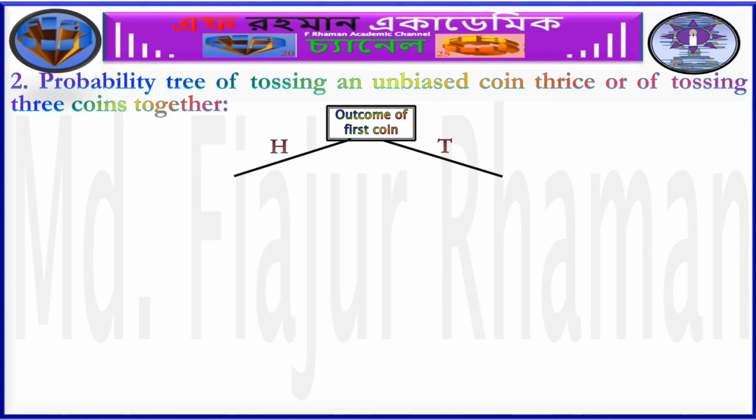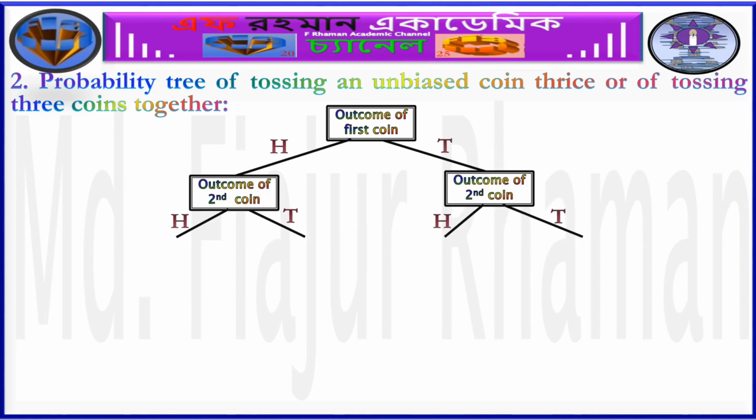And then for each hand, we should draw diagrams with two hands for the second coin. And then for each hand, we should draw the diagrams with two hands for the third coin.